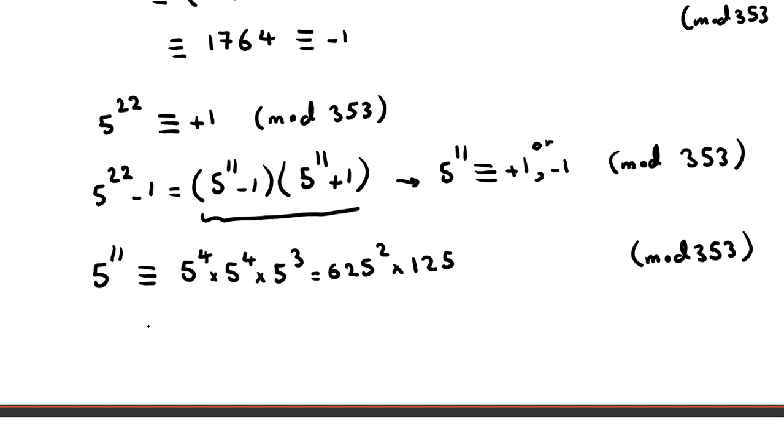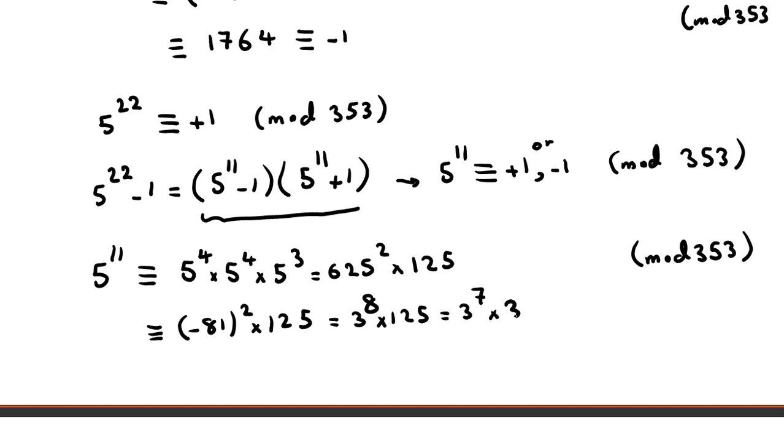If you consider 625, it is congruent to negative 81, so it will be negative 81 squared times 125, which is congruent to 3 to the power of 8 times 125, and it is equal to 3 to the power of 7 times 3 times this, which is 375.